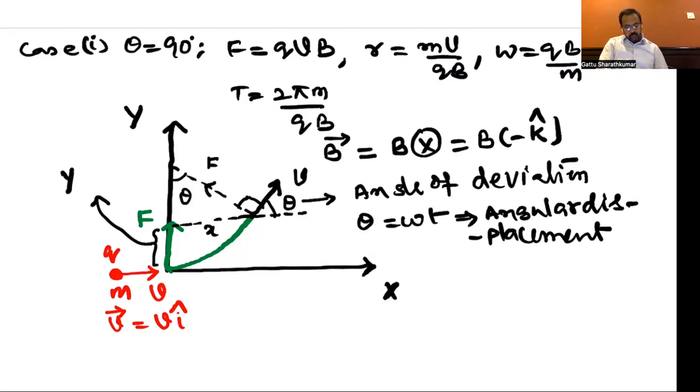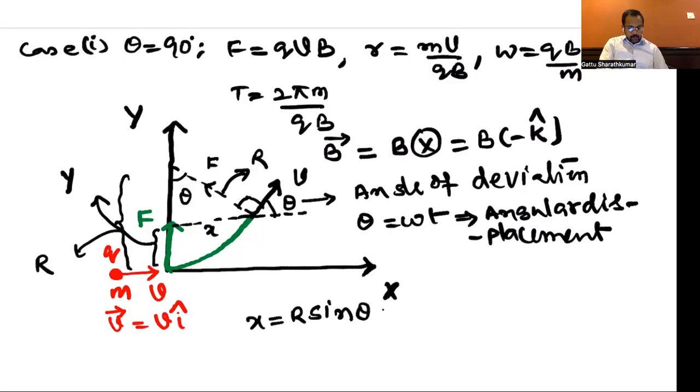This is r, the radius, I can say. So this total is also the radius part, r. Therefore, my x will become r sine theta, which can be taken as r sine omega t. And my y becomes r into 1 minus cos theta.